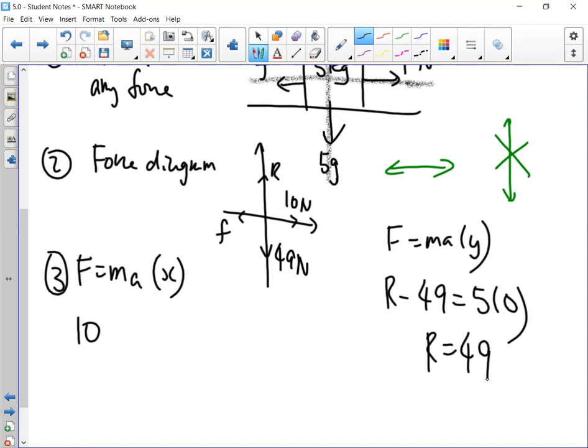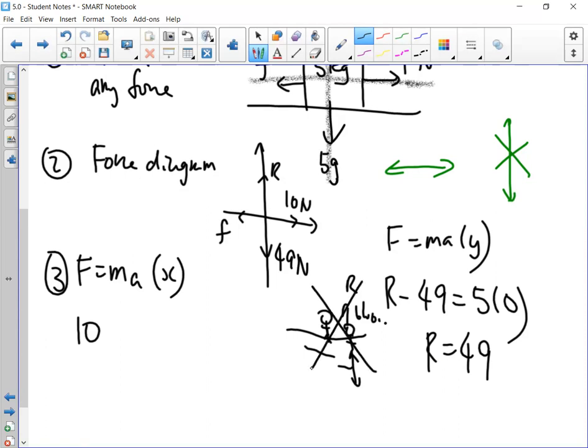But if the weight 49 is bigger than the reaction, which could happen, like in quicksand, the quicksand is pulling you down, and the reaction from the quicksand is not enough to support you. So the reaction cannot be bigger than 49.